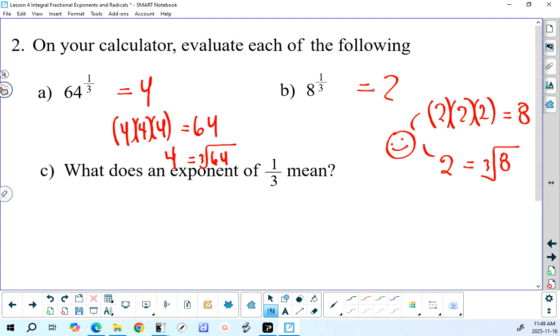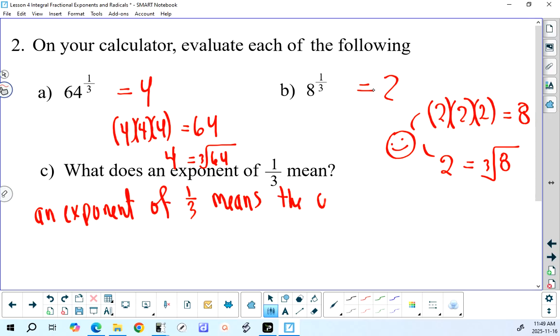We can try this with all kinds of other numbers, but I'm not going to use time up in this video to do that. An exponent of 1/3 means the cube root of the base.